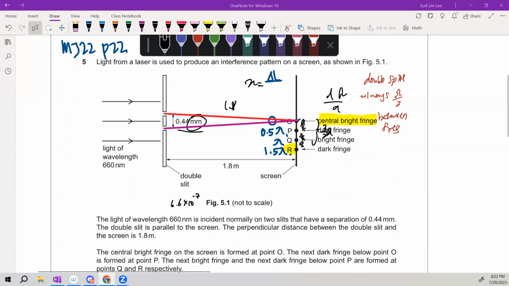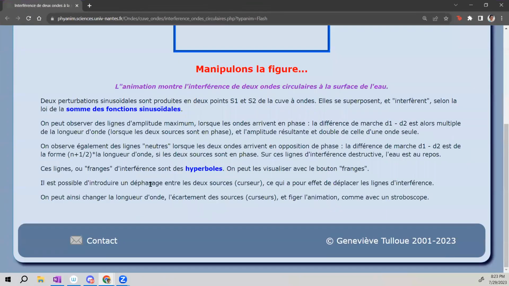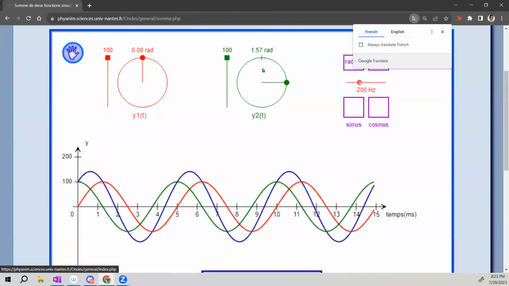So maybe I'll pull up a simulation here. You need to understand the principle of superposition first. Let's start with this. It needs a bit of time to load. Okay.